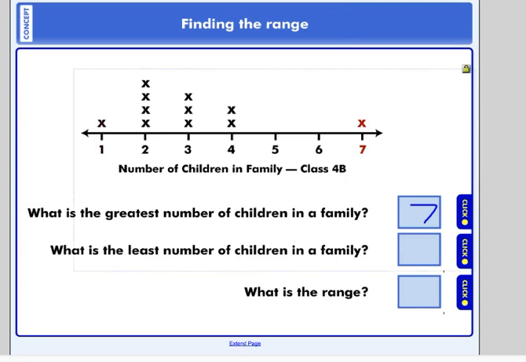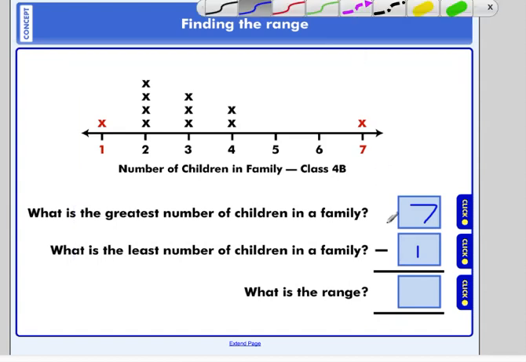So our number that is the least, that's the minimum, that is our least number of children. So what is the range? In order to find the range, remember, we take the maximum and we subtract the minimum. And so the range would be 7 minus 1 is 6.